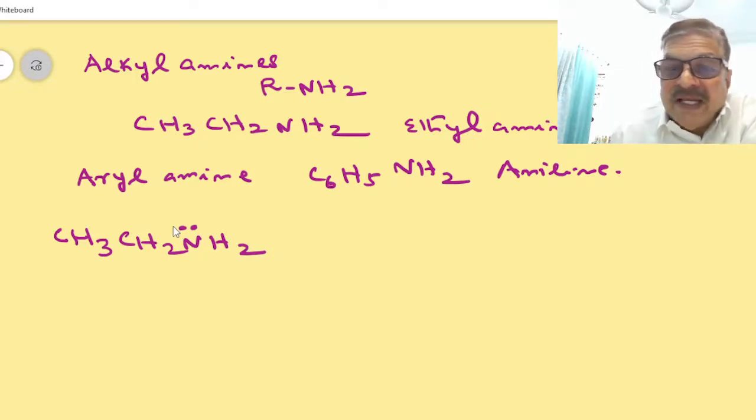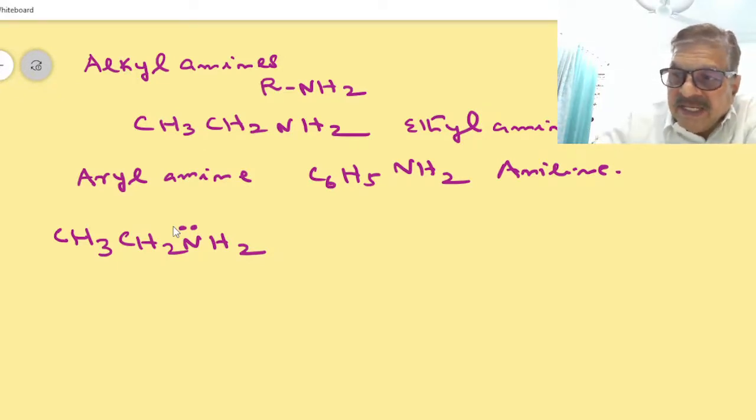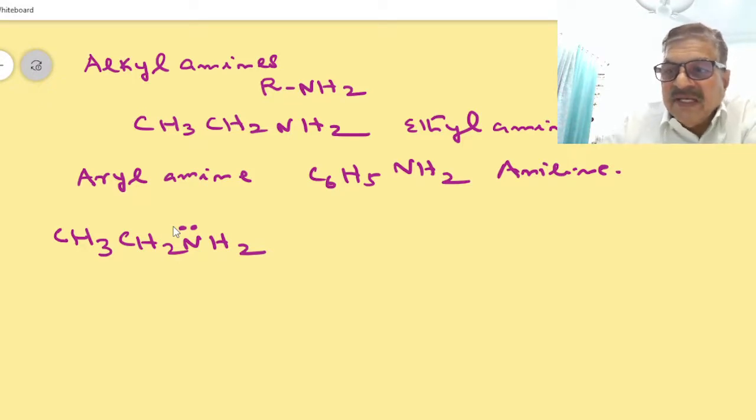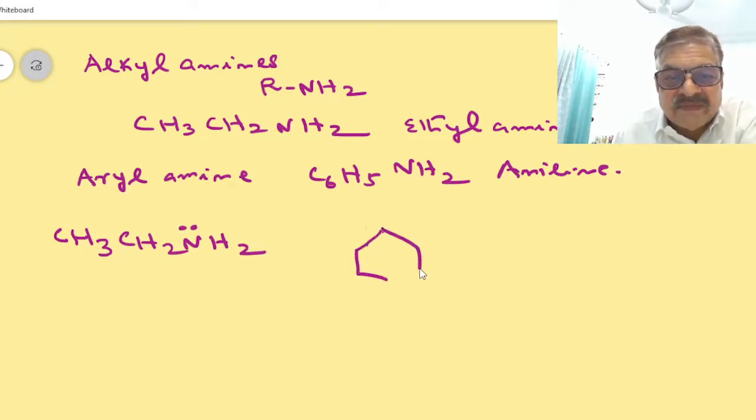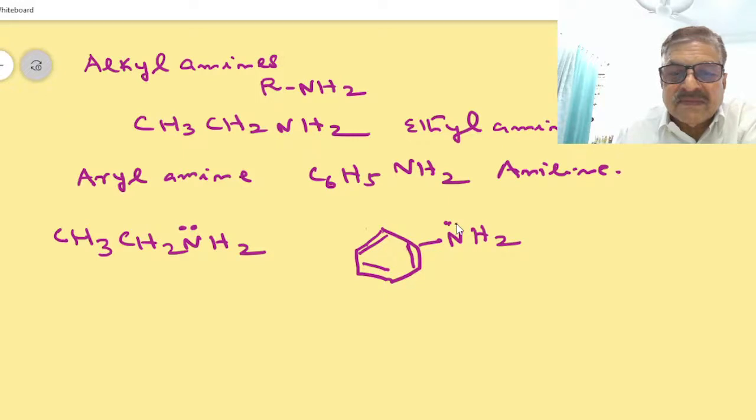Okay, but in the case of aniline, that is the aryl amine here, we can see the electron delocalization is there in the case of aniline. So roughly I will just draw it for you. This is our aniline here. How these electrons are shifting here, I will just draw it neatly.